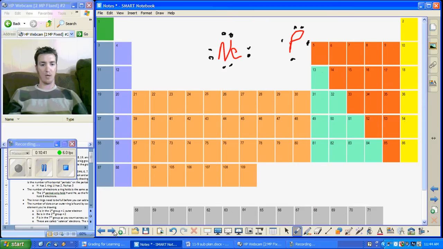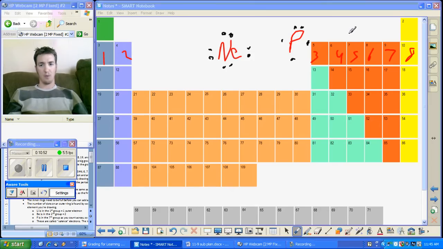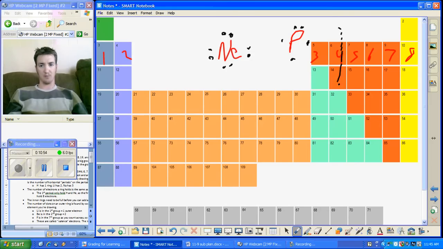So what we had earlier of our 1, 2, 3, 4, 5, 6, 7, 8 valence electrons, what you have is kind of this split down the middle, where on one side, these are going to lose electrons. The other side, they're going to gain.